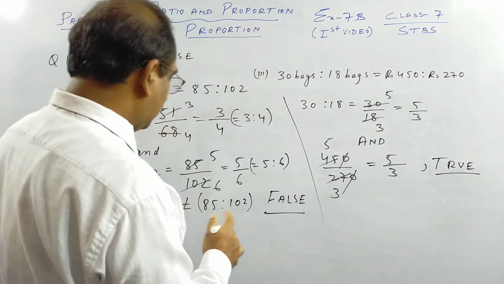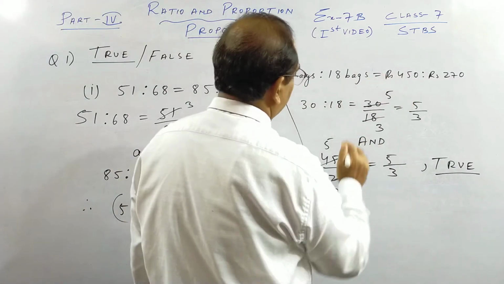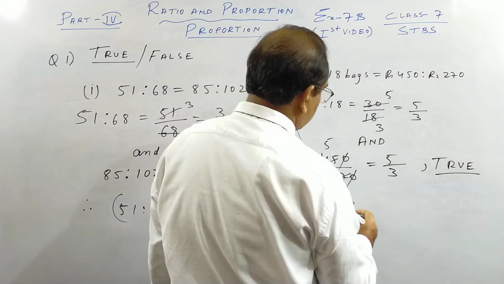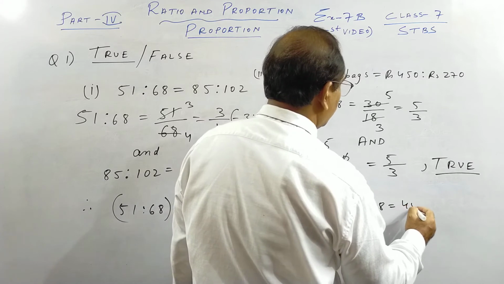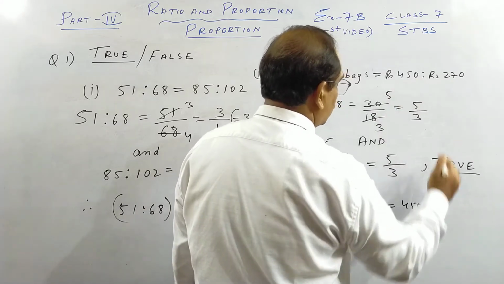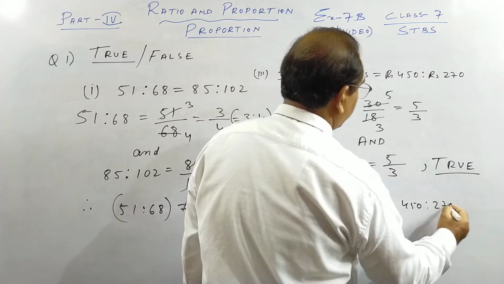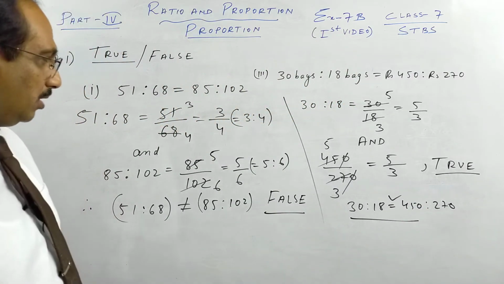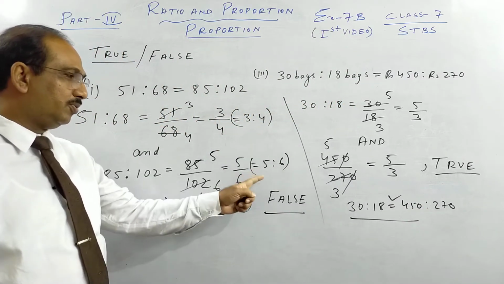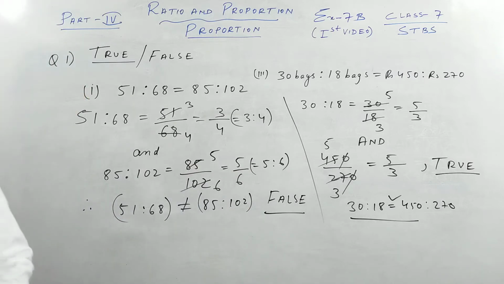Okay, so you can write down that this is equal to this. So 30 is to 18, you can write back also 450, because this is rupees, is to 270. So yes, they are equal. Here they were not equal because 3 is to 4 is not equal to 5 is to 6. So here it is true.